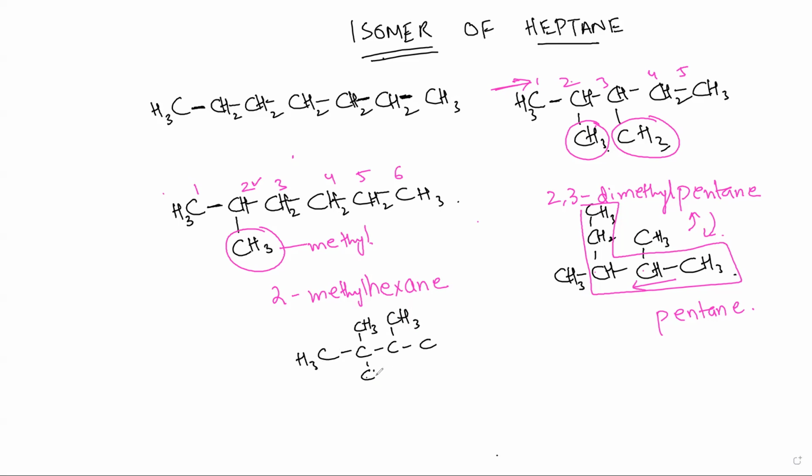So this is CH3, this is CH, this is CH3. Okay, now what do we do is this, first of all, we pick up the main chain, okay? So this is 1, 2, 3, 4, 1, 2, 3, 4. So this is 4, you know the main chain for sure, yeah? Even if I go in this direction, this is like 1, 2, 3, 4. So this is 100% butane, okay?